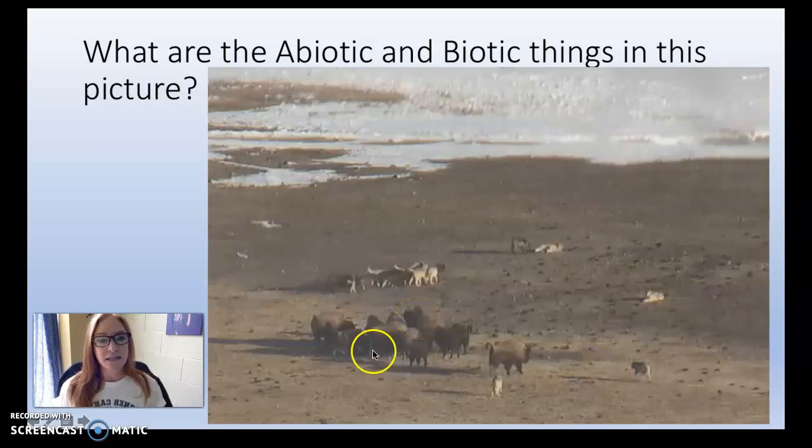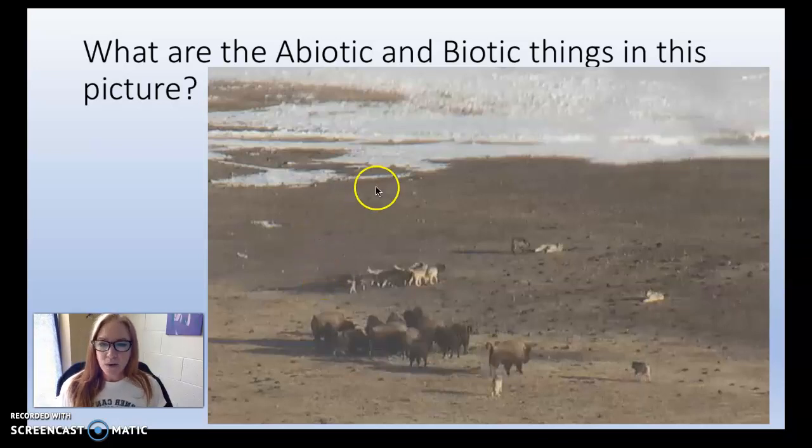And I just wanted to take a second, maybe point out the abiotic and biotic factors. And then if you need to go add to your list that you wrote down outside, you can certainly do that, because sometimes we are looking at living things and not knowing that they're living things or that there are living things there. And sometimes we don't think about certain things as being a significant abiotic factor.